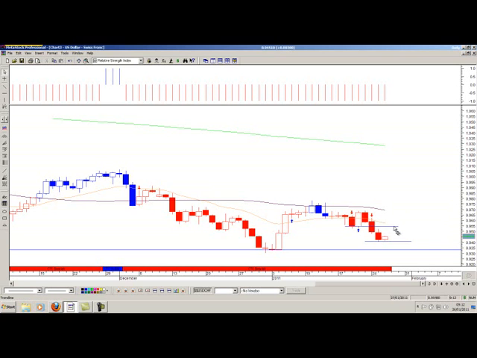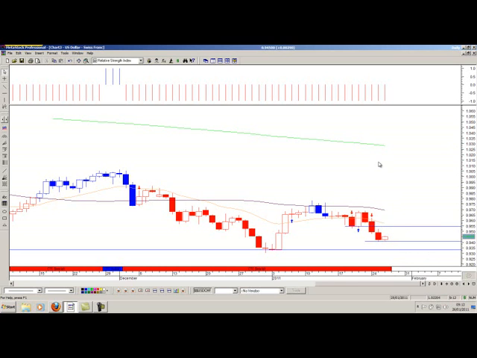Okay, so if we extend those, on a pullback, look at 0.9550 for an opportunity to go long if it does find some support at this area, and we could see it bounce to the upside.